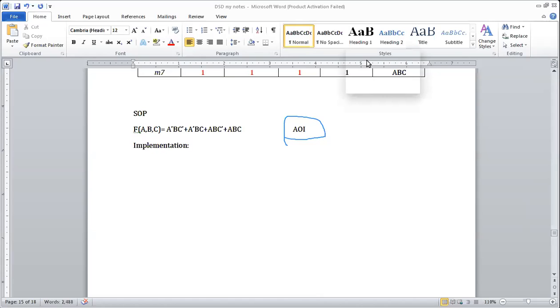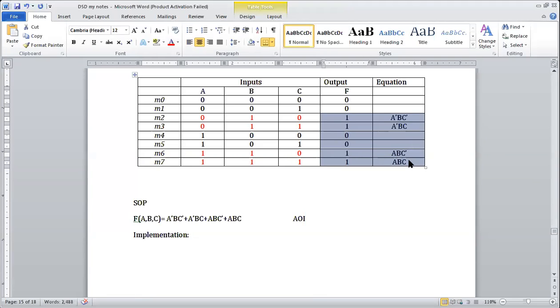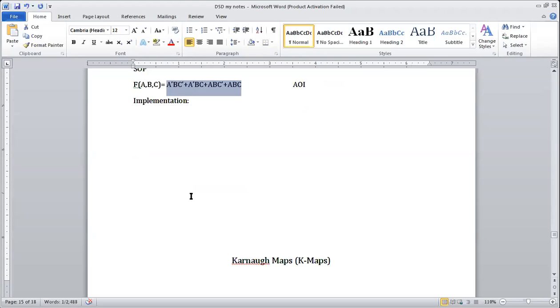Here I have just put whatever output I have got. If I go for this same output expression, it will be very complex for me to design such kind of logic circuit.